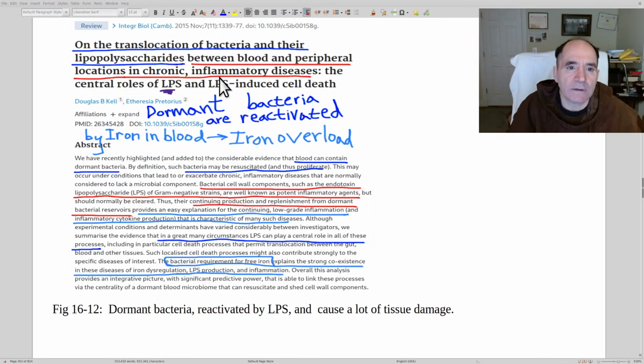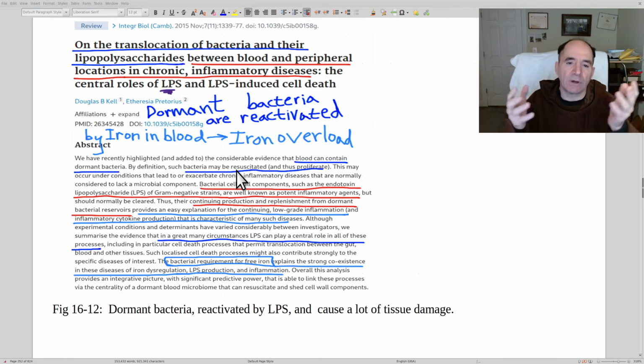Okay, this one is on the translocation of bacteria and their lipopolysaccharides between the blood and the peripheral locations. What this is about is we talked about how when you got leaky gut, you get bacteria into your blood. If there's no readily available free iron, the bacteria will be suppressed and they'll go into dormancy. So now you'll have dormant bacteria.